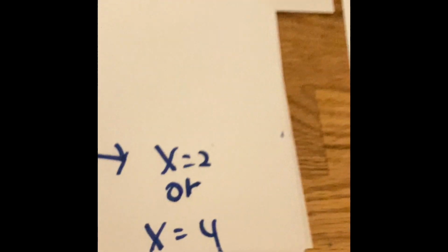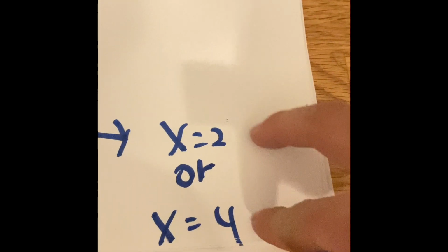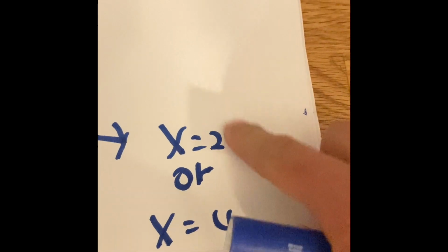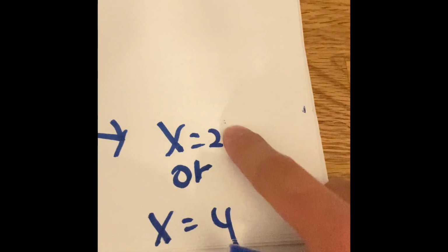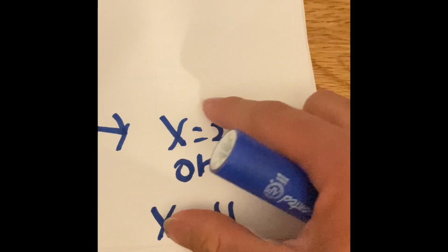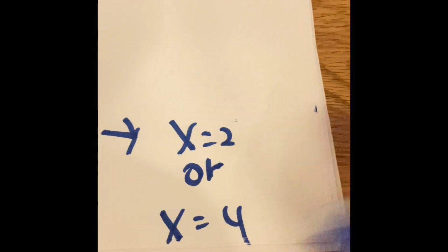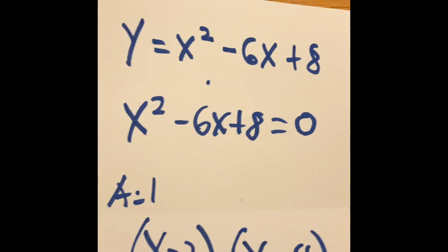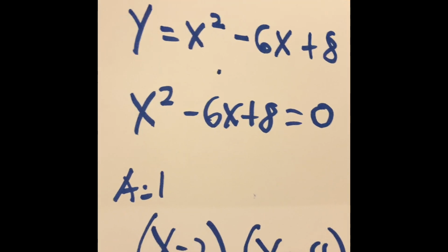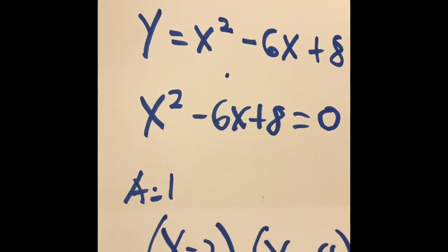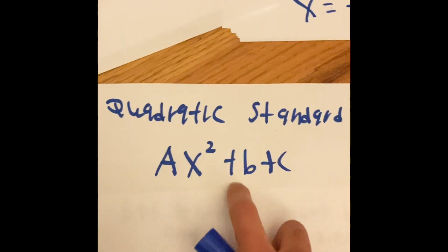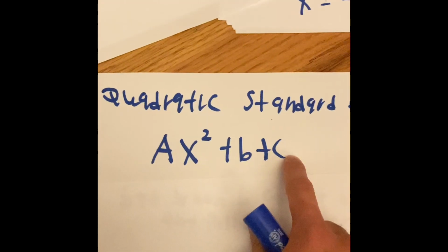But why do we always get the same variable with two different numbers? Well, when you are working with quadratic trinomials, your math teacher may have taught you the quadratic standard form, which is ax squared plus bx plus c.